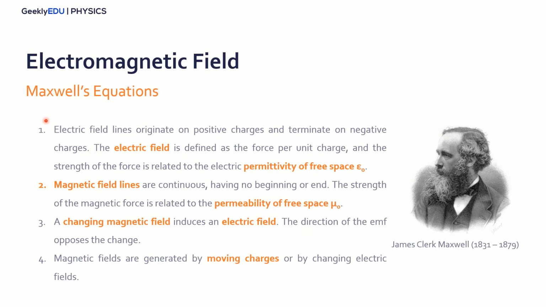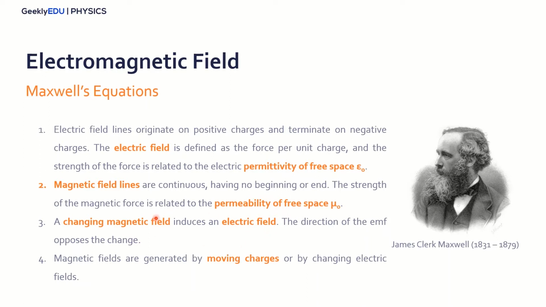See that the first two statements describe how the electric field and magnetic field are formed and how we calculate their strength. And the last two statements give the relation between the magnetic field and the electric field.